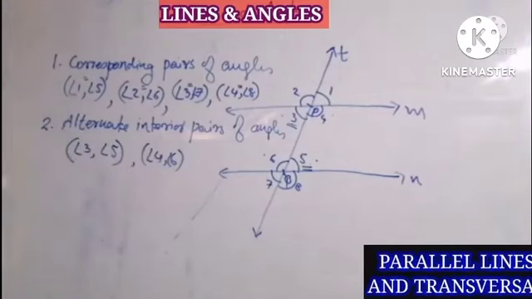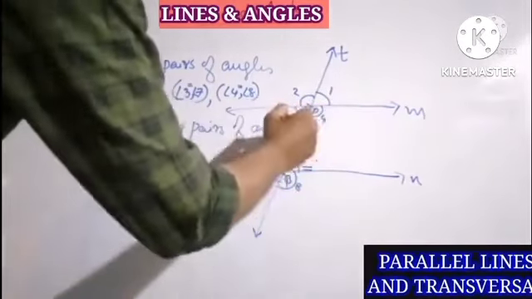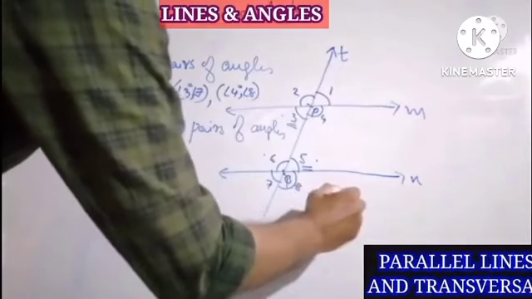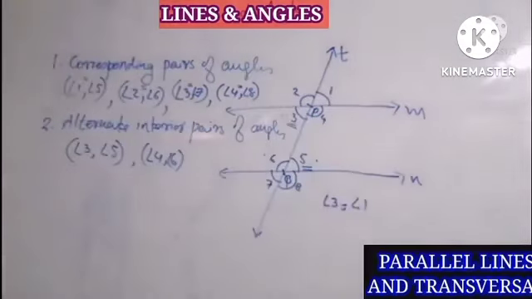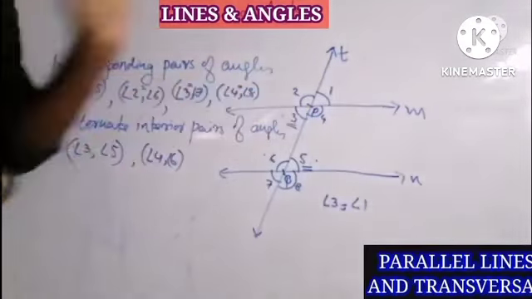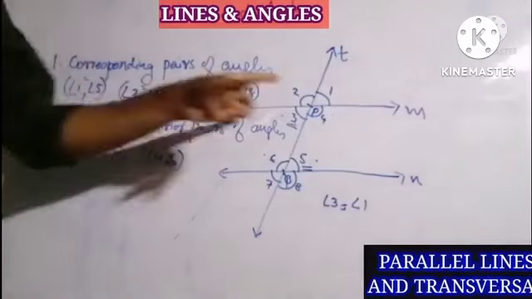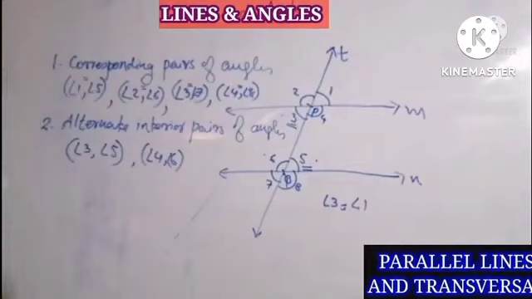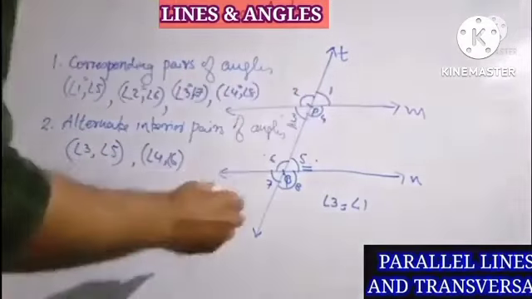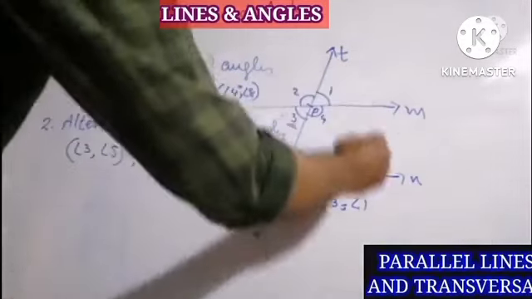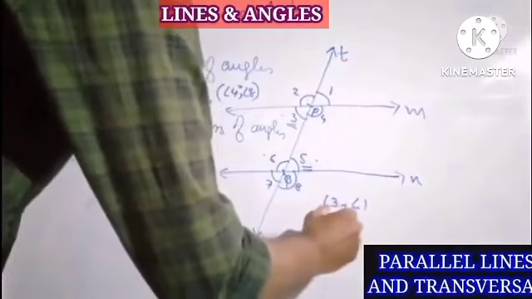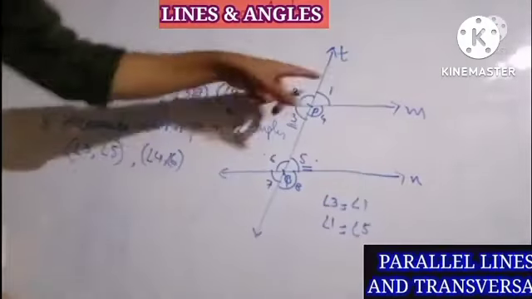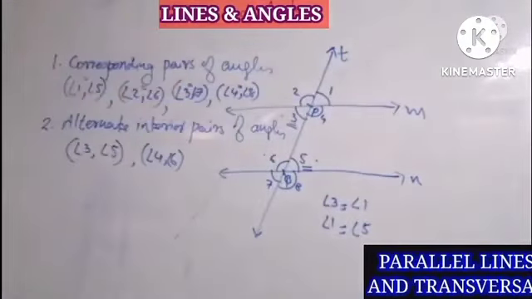How do they become equal? We know that angle 3 equals angle 1. Why? They are vertically opposite angles, and vertically opposite angles are always equal. Also we know that angle 1 equals angle 5. Why?